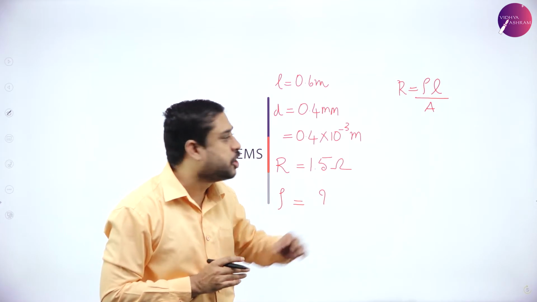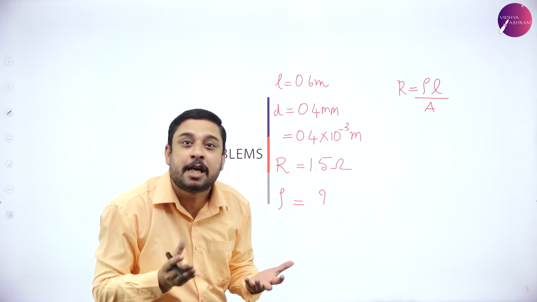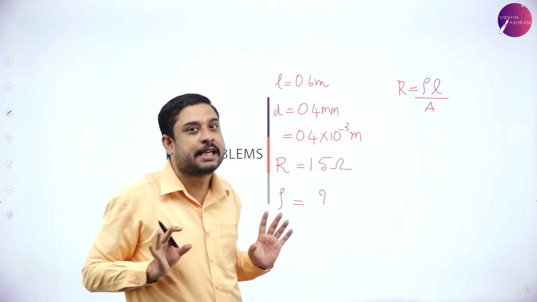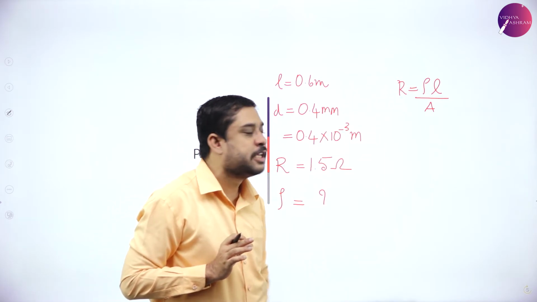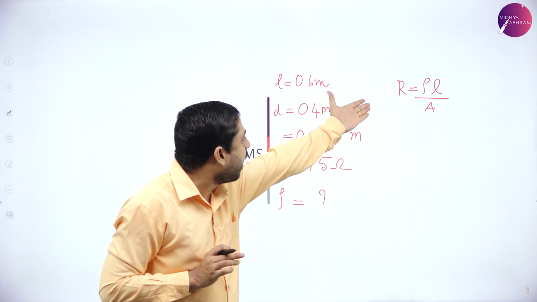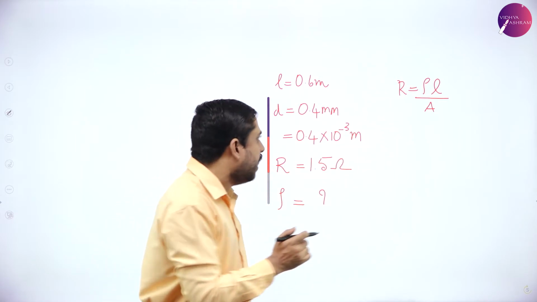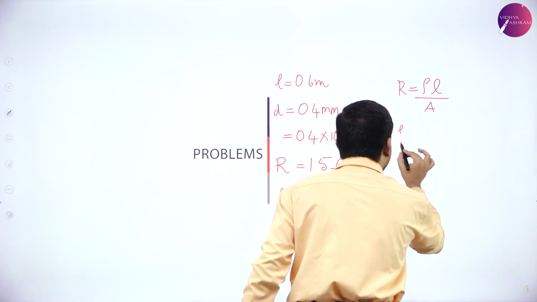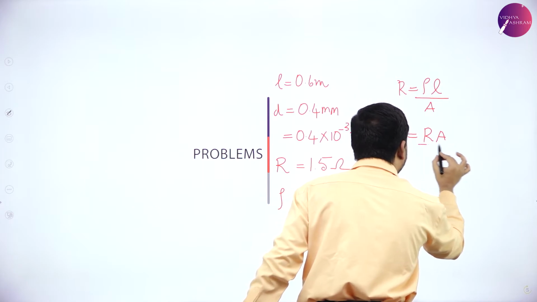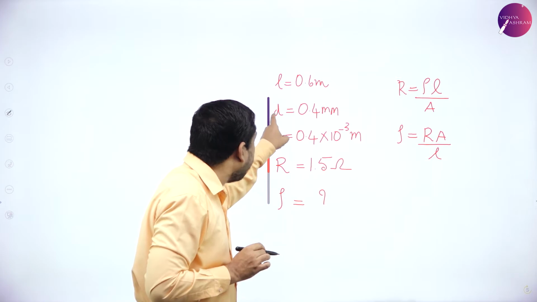You should be in a position to recall these expressions. That is what we call conceptual depth. If you don't know the concept, solutions become difficult. So R is rho L divided by A. R is given, L is given, but what is A? Very simple. Rho has to be calculated, which is R A by L. Now the diameter is given.